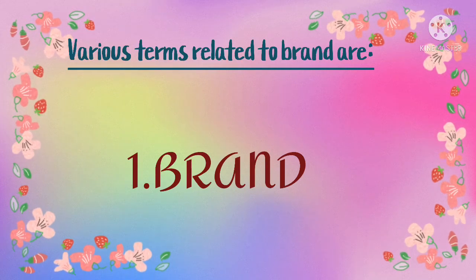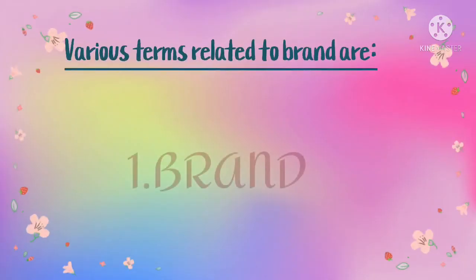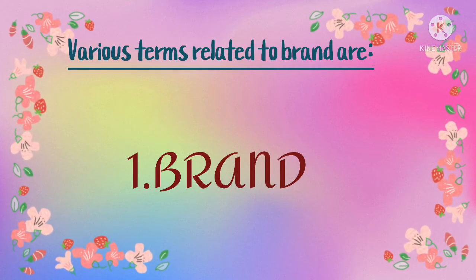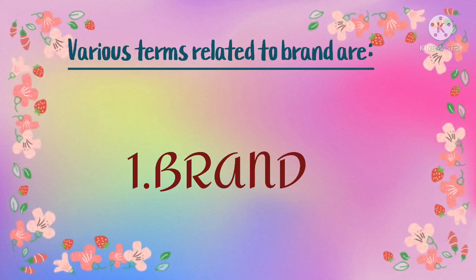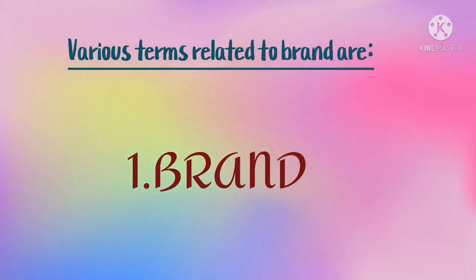A brand is the identification of a product that can be in the form of a name, symbol, or design, etc. For example, Canon, Netflix, Samsung, Disney, Google, Red Bull, Puma, etc. Even various symbols, like the symbol of Pepsi, Nike, etc. are also brands. So the brand can be a symbol, design, or a name.